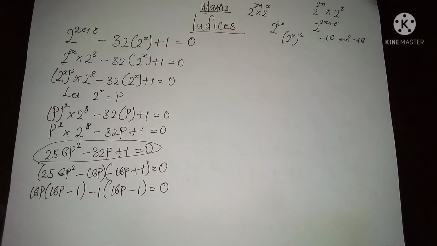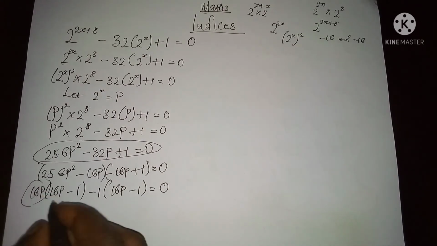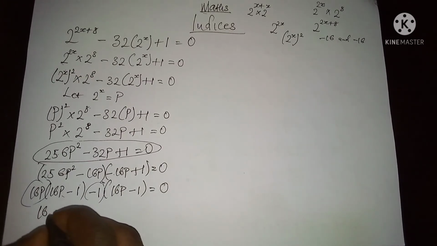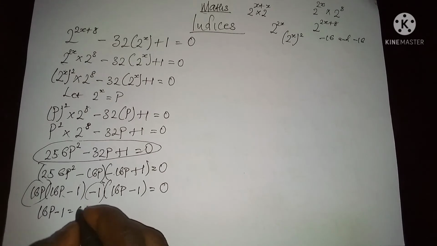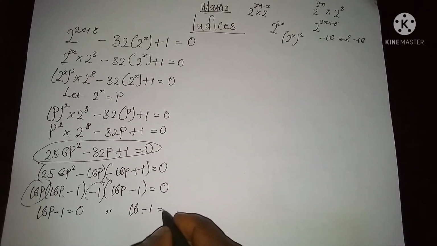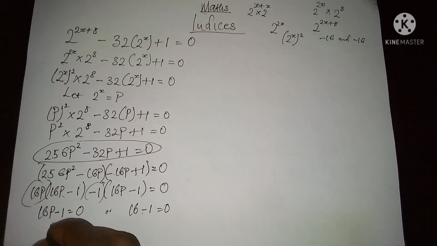I'm taking this factor and this factor, and any one of the brackets, because they are the same. So I have 16p minus 1 is equal to 0, or 16p minus 1 is equal to 0. So 1 crosses the equal sign. I have 16p is equal to 1.